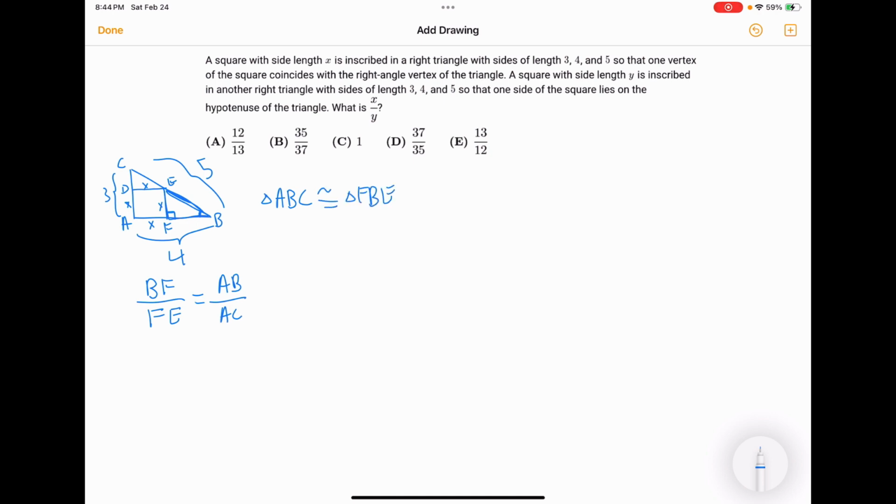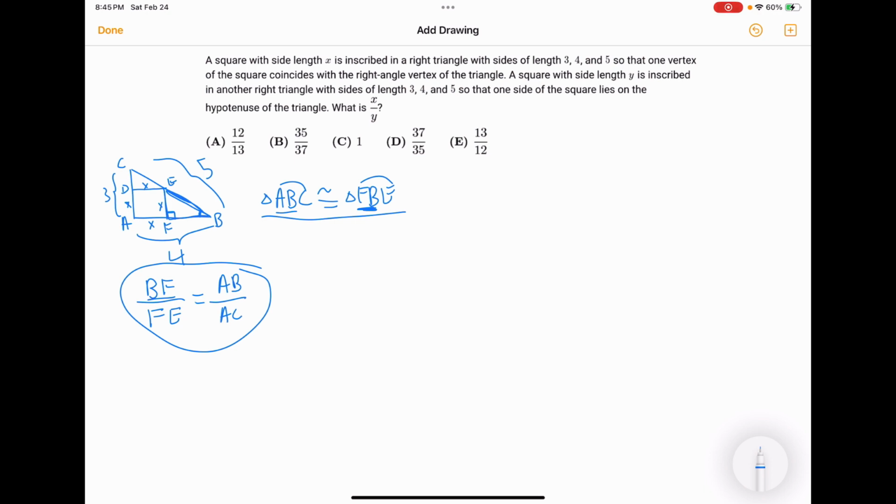I just wrote out the statement for the similar triangles, and we get this equation because BF, right here, over FE has to be equal to AB over AC.